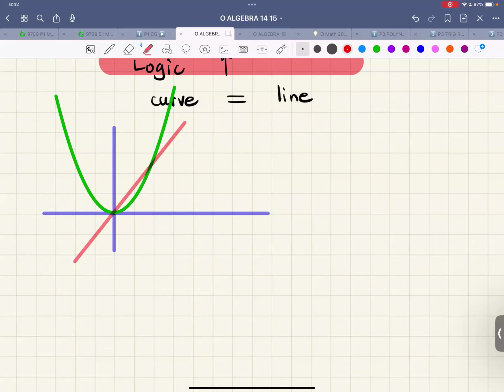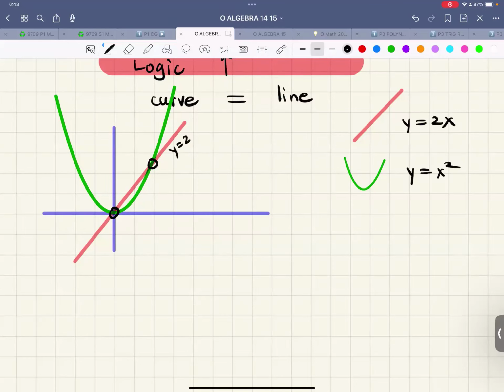Okay. Now, first of all, this line, let me label it y equals 2x. This is y equals 2x. And the green curve that goes like this, that is y equals x squared. How many points of intersection do you see?